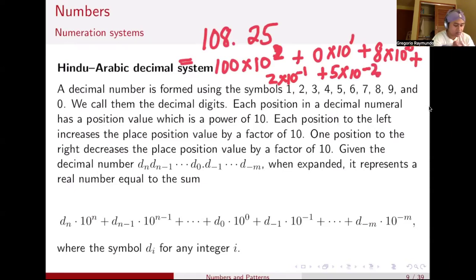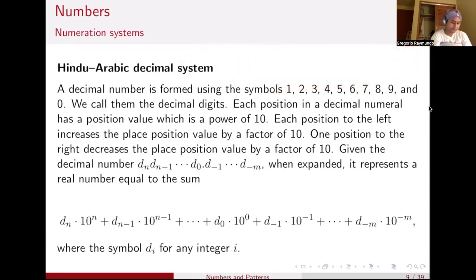So yan yung 108.25. So yan yung equivalent niya kapag in-expand siya.